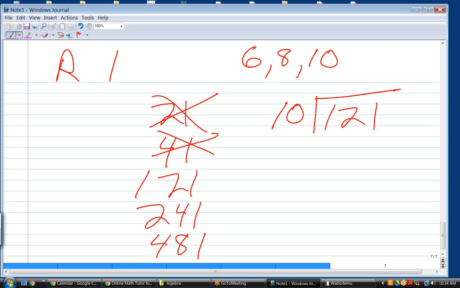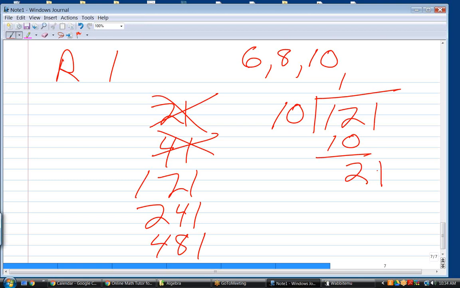Okay? How many times does 10 go into 12? In other words, does it go into 12 twice? No, it only goes once. Okay, 1 times 10 goes there. Subtract, you get 2. Bring down the 1.